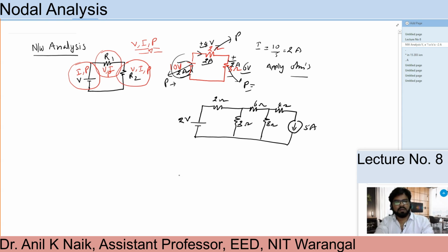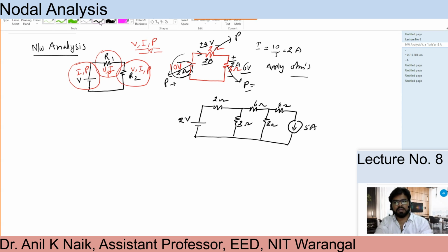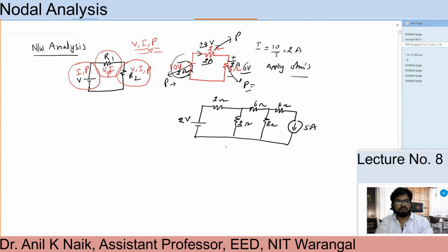For this circuit I need to find the voltage and current at each and every element, and also the power at each element. This is a very complex network I am considering.